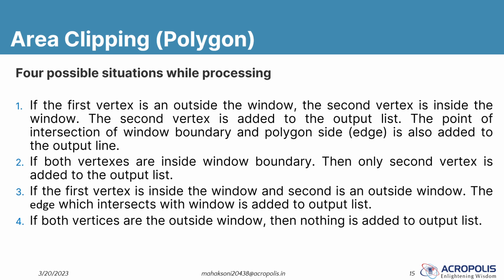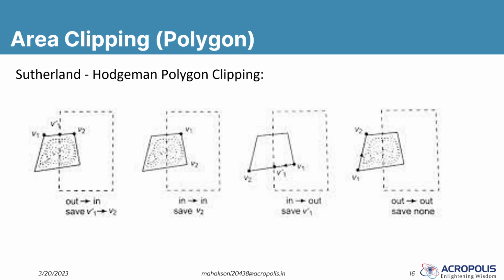I think this is not very much clear. We will discuss it now so that it will be clear to everyone. So this is the figure. Here we see a polygon with one side v1 and v2, and we need to consider only the part of it which is inside the window.